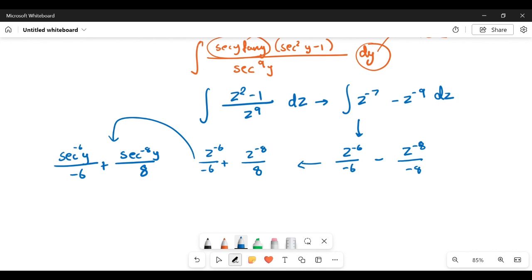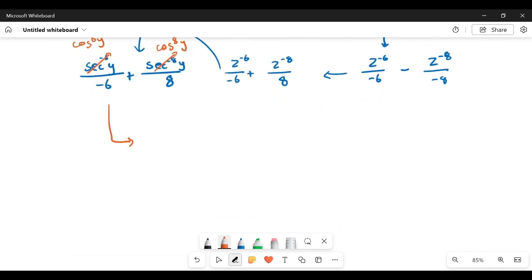If we write it, this is nothing but cos to the power 6 y, and this one is cos to the power 8 y.